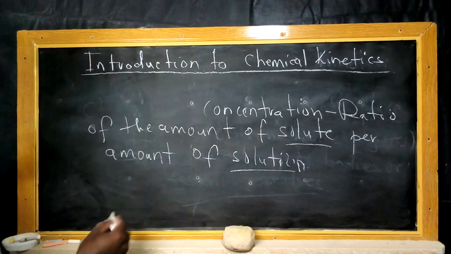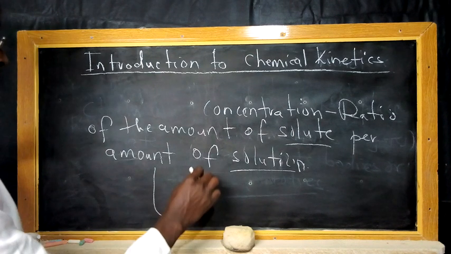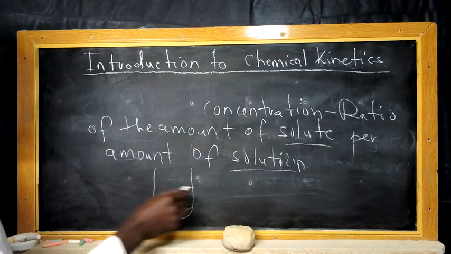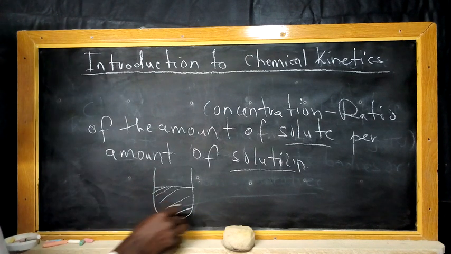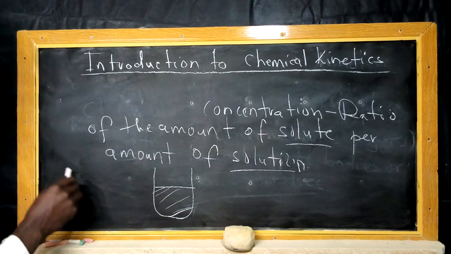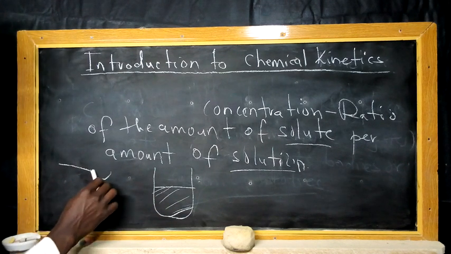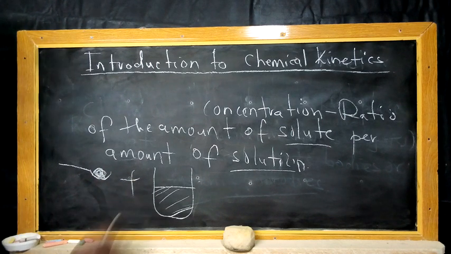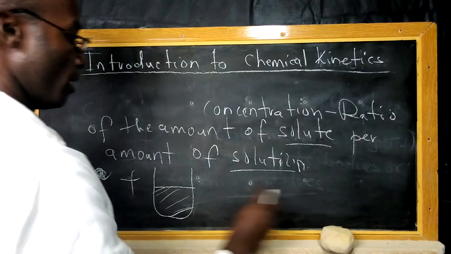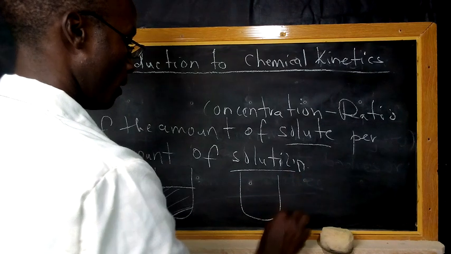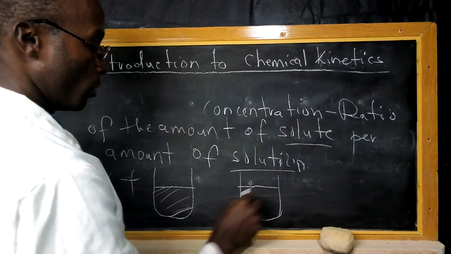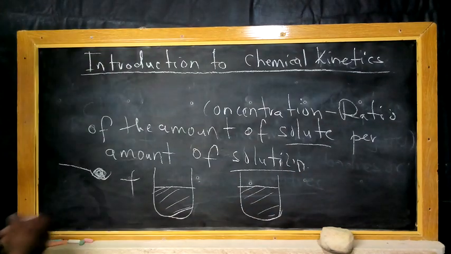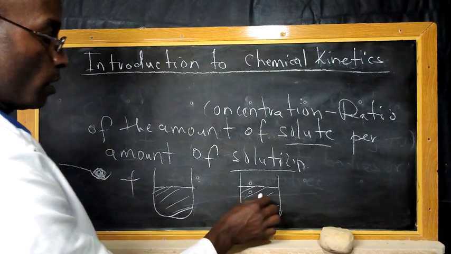suppose I have just a container here that consists of some water inside, and then I have a spoon of salt. If I mix the two, then I will have a solution. This is common salt, so I will have a solution of sodium chloride.